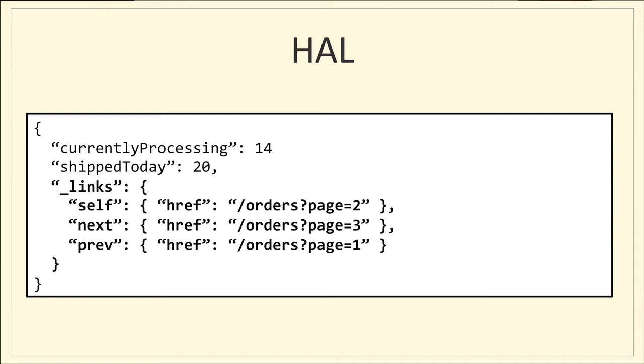Here we see the link relation becomes like a key in this key value pair inside the links object. So we have a link to self, next, and previous, iterating through orders in a collection. So sometimes there are options for augmenting your existing API without breaking clients. Cool.